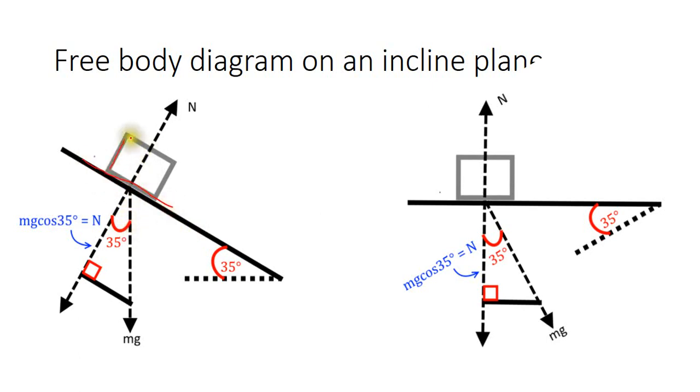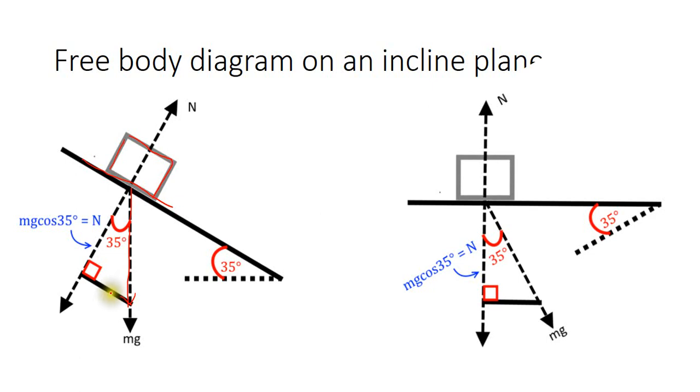It is going to have a weight associated with it, and the weight is going to act vertically downwards, mainly because of the pull of gravity. Until we have proof that it doesn't act directly down, we're going to stick with this.